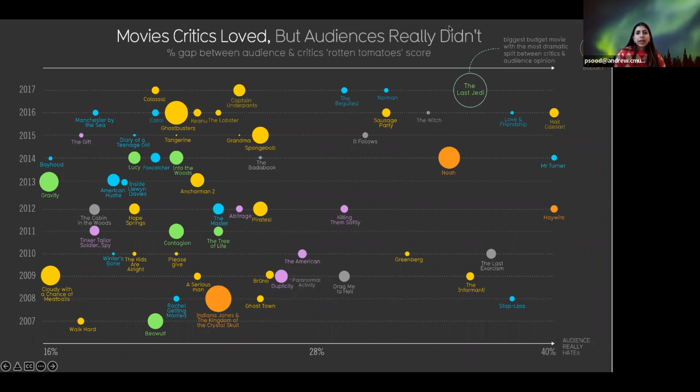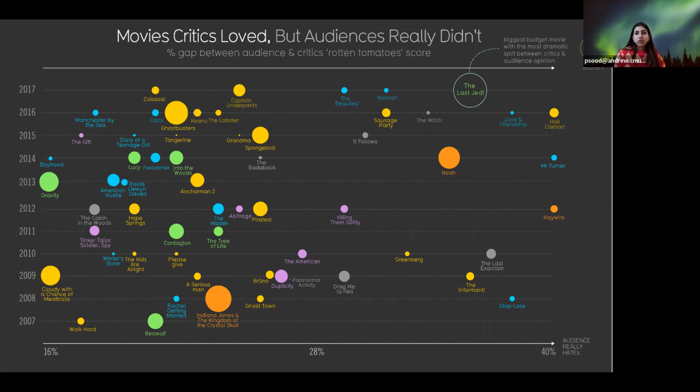We both quite like this visualization because of the multi-dimensional aspects of the data that is being depicted. This visualization is about the percentage gap between the critic and the audience rating. The x-axis represents the difference between the critic and the audience rating, and the y-axis represents the year of release of the movies.